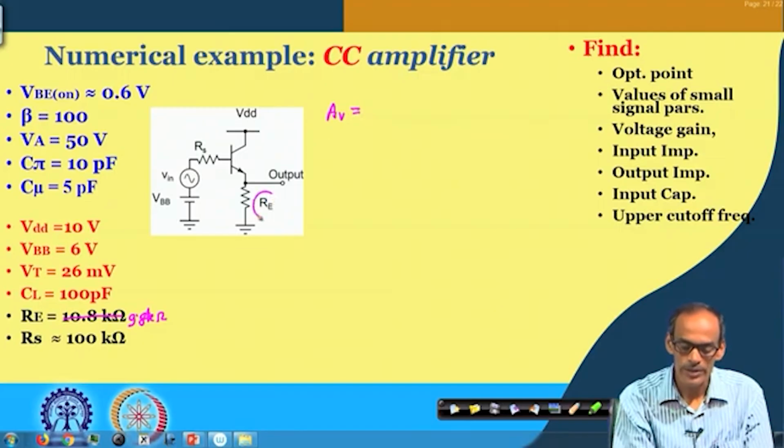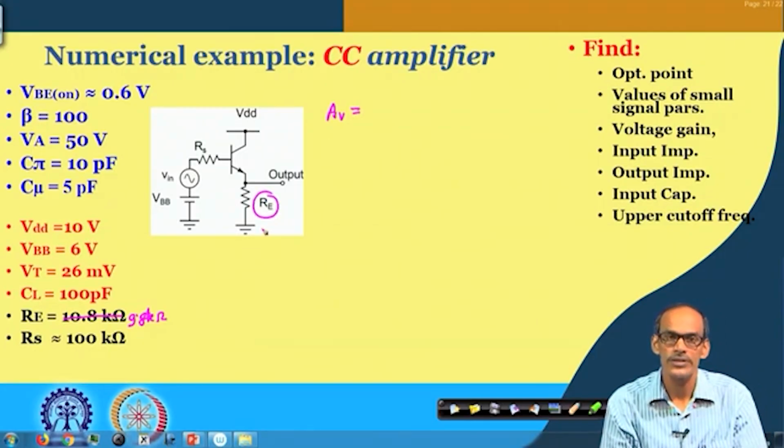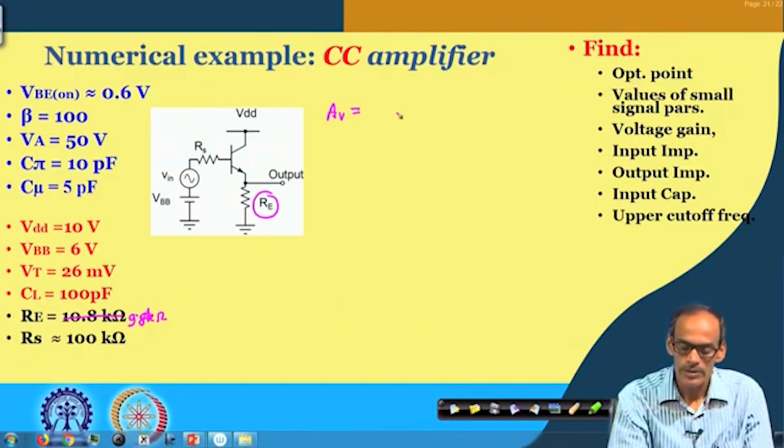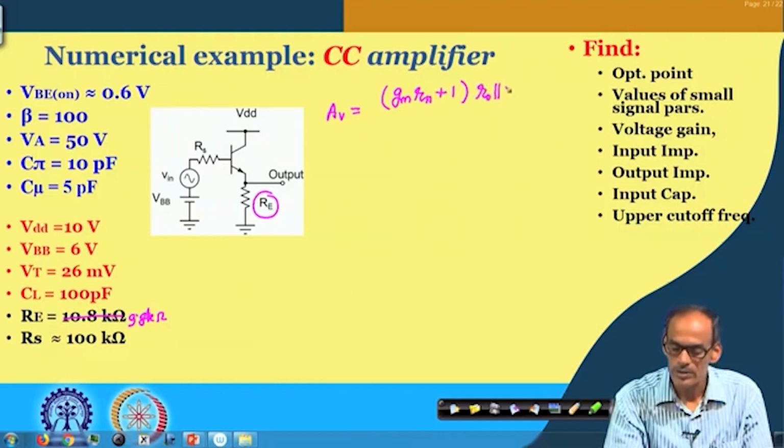Since we have the RE here, earlier in our analysis we considered this resistance as RL. With that, the voltage gain we obtain is gm into (r pi plus 1) into r naught in parallel with this RE, right.